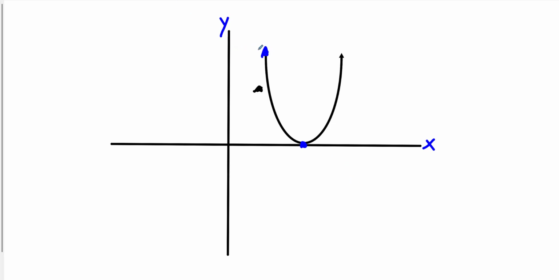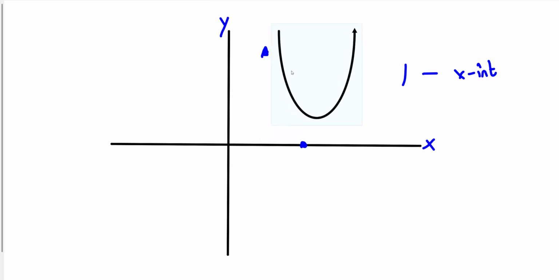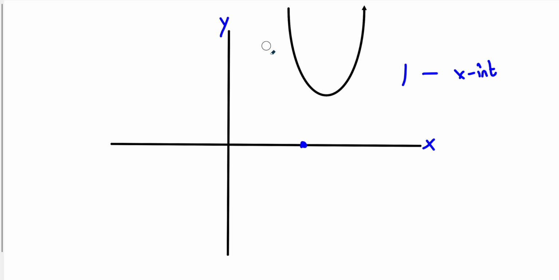So this is an example of a parabola having 1 x-intercept. So for those of you who thought it's impossible for it to have less than 2, think again. You can definitely have less than 2. And finally, I don't want to take too much time, but here's an example of a parabola having 0 x-intercepts.